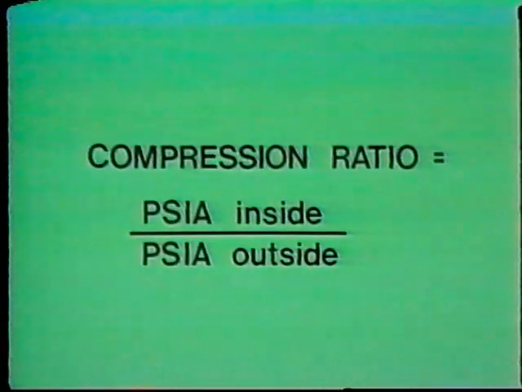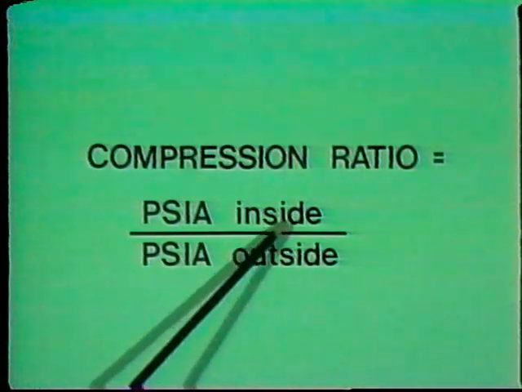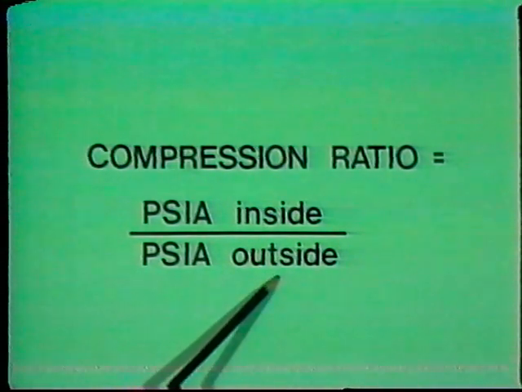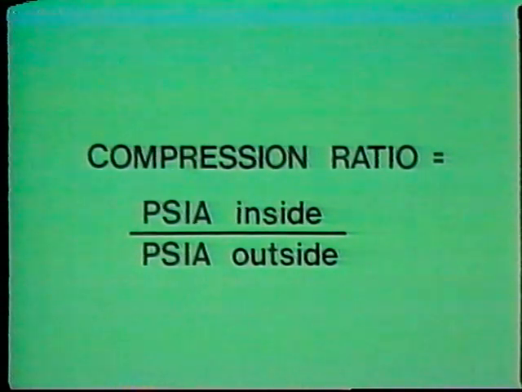So we will have to calculate what is called the compression ratio of the cylinder. It accounts for the decreased volume of air at increased pressures. As we can see from this formula, the compression ratio of a cylinder is equal to the absolute pressure inside the cylinder divided by the absolute pressure outside the cylinder.